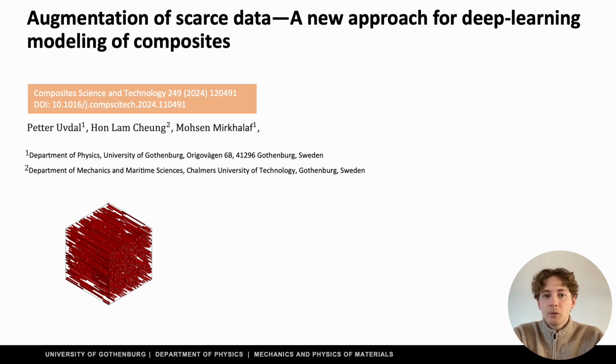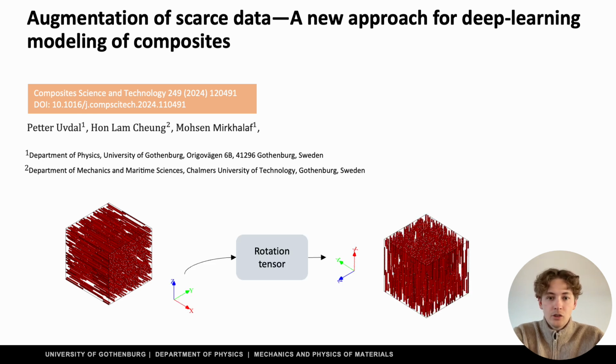Then we want the neural network model to predict the homogenized material response. In other words, what is the average output of a simulation? In this study, we're interested in how this response would change if we altered the coordinate systems of our RVEs using a rotation tensor.